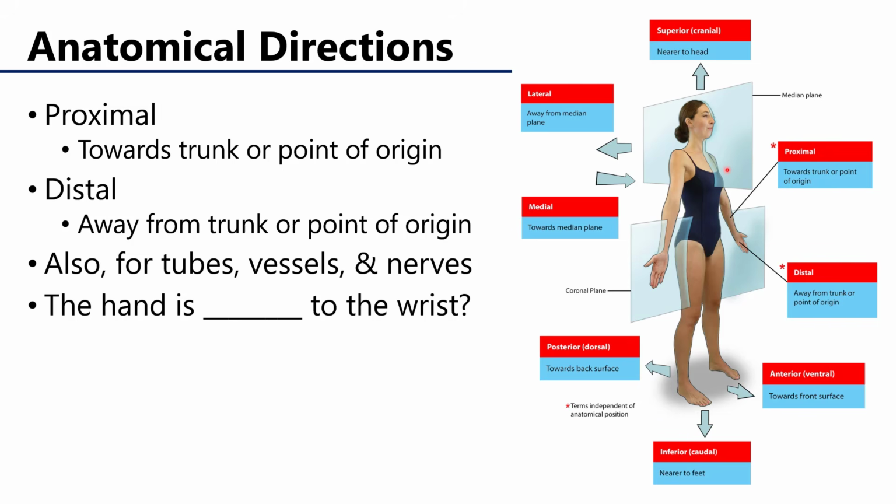But you always have to ask yourself, what is the origin of that tube, vessel, or nerve? The origin would be more proximal, and the end would be more distal. So in this case, looking at the hand, what would the hand be with respect to the wrist? The hand would be distal to the wrist because it is farther from the origin up here at the shoulder than is the wrist. The wrist, therefore, would be proximal to the hand.